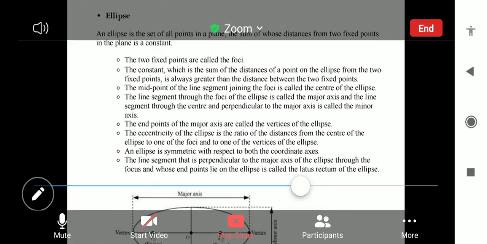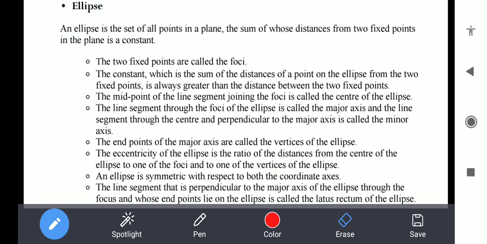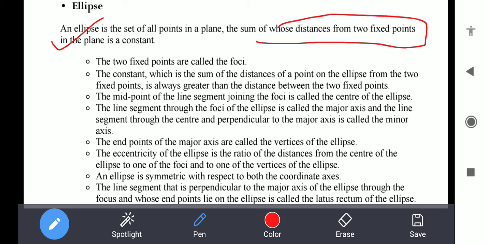Now next is the ellipse. An ellipse is a set of all points in a plane, the sum of whose distances from two fixed points in the plane is constant. These two fixed points are called the foci of the ellipse.